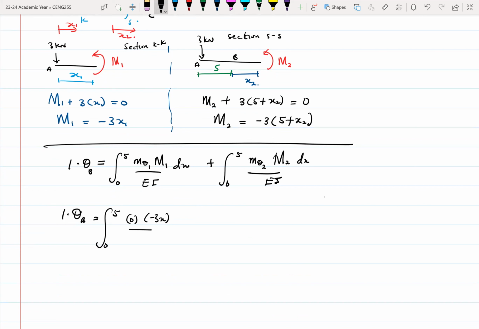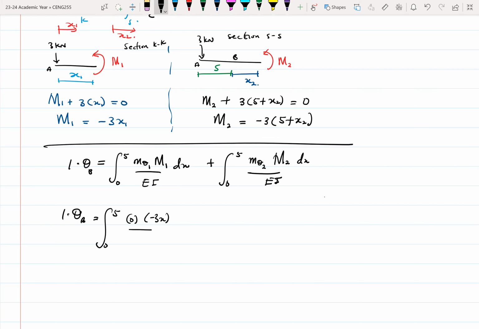We can decide to find any of them first. The reason I did the small m first was because through experience, I know that because of where I want to find my slope, the moment equations would vary for the different sections. So I won't have one moment equation that fits everything.